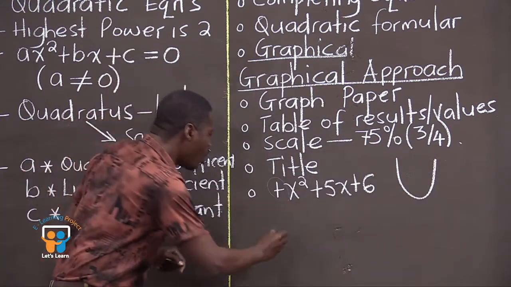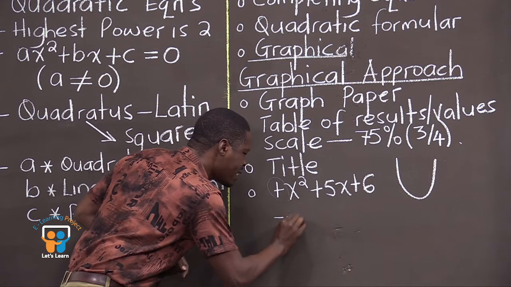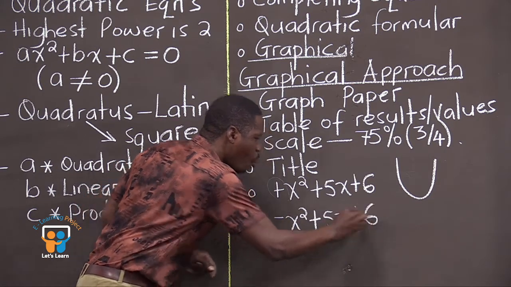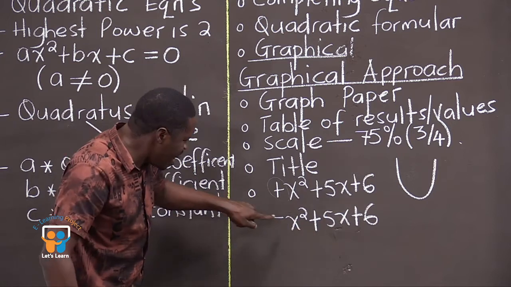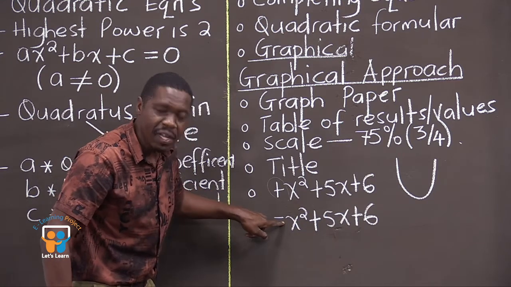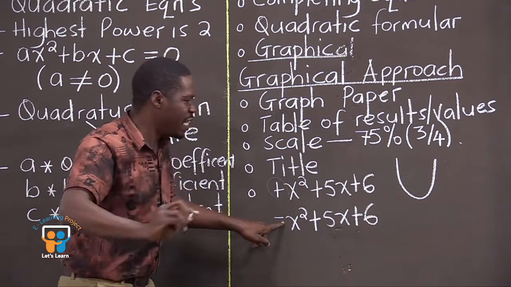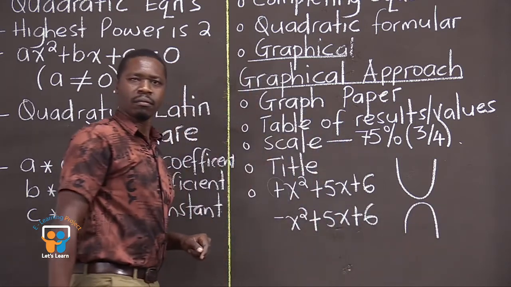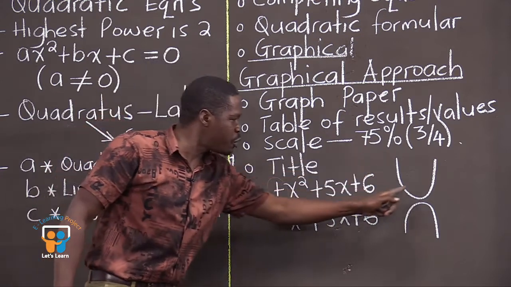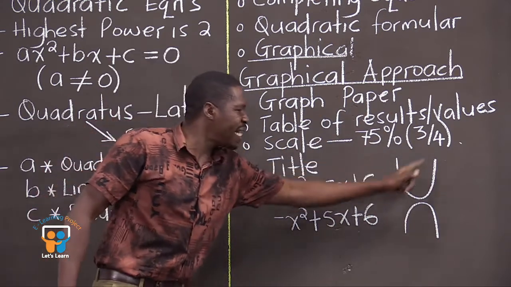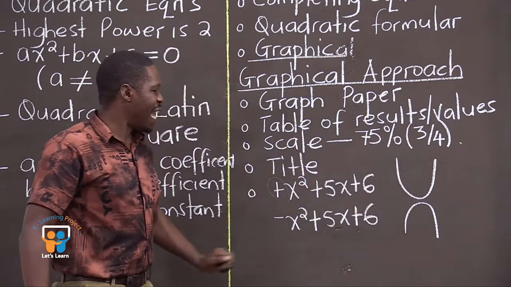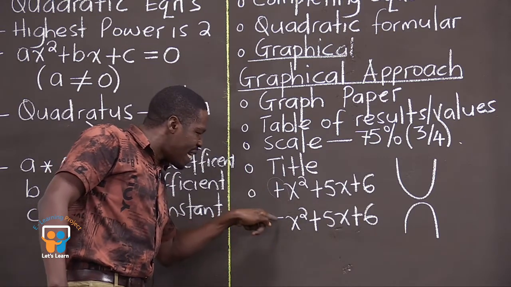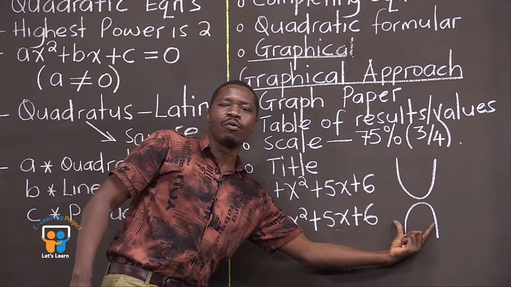But when the first number is negative, for example -x² + 5x + 6, whatever equation it may be, then you know that the graph is going to be upside down. So this one is U-shaped like a bowl, or a bucket, or a basin, when it is positive. But when it is negative, it is upside down.